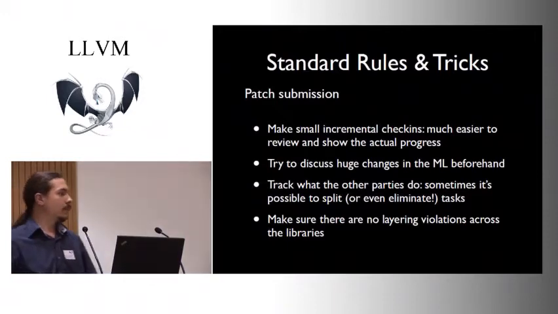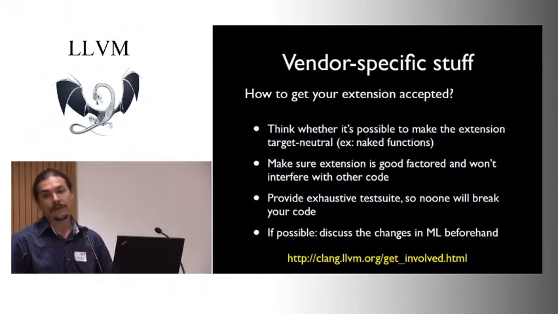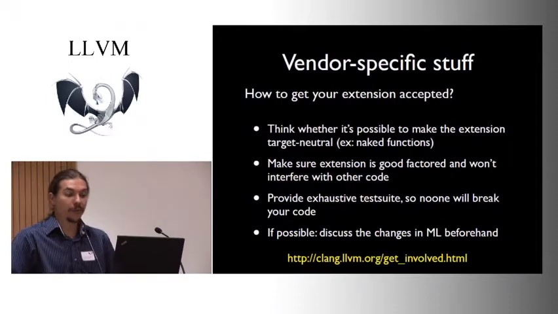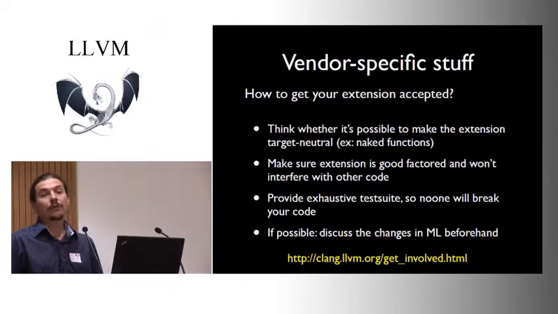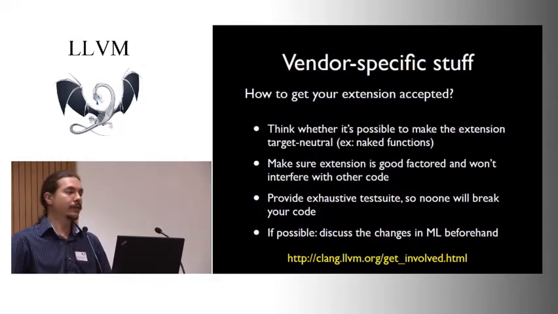Sometimes one wants to add some vendor-specific extensions to Clang or to LLVM or to both. First, how to make these extensions accepted? The first thing is to think about whether it's possible to make the extension target neutral.